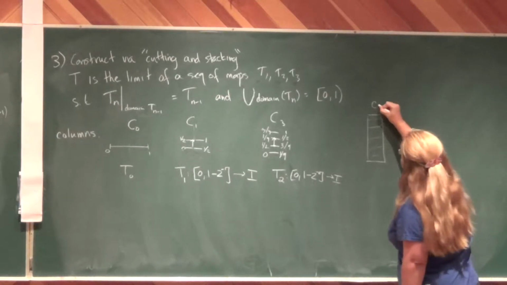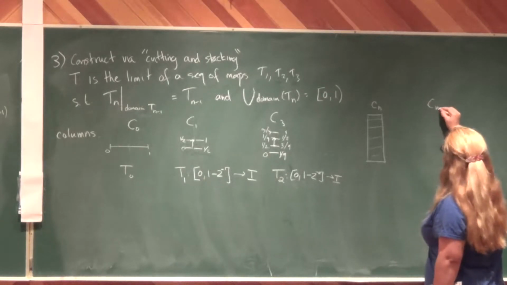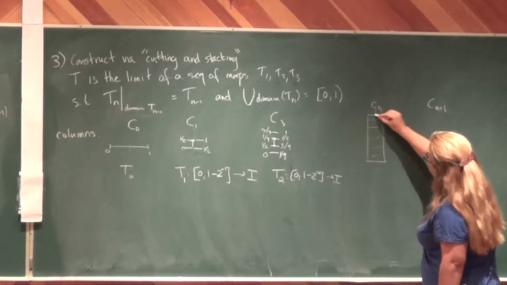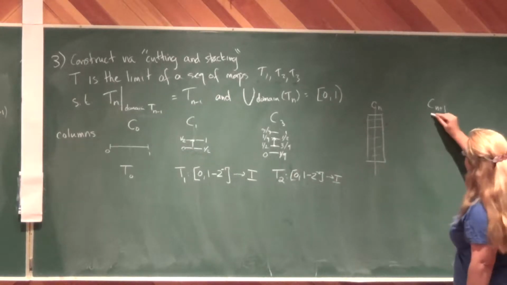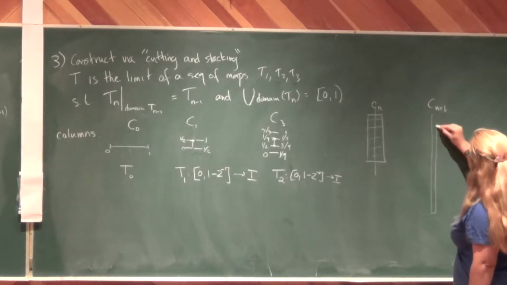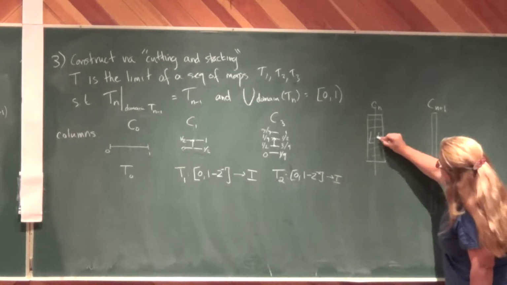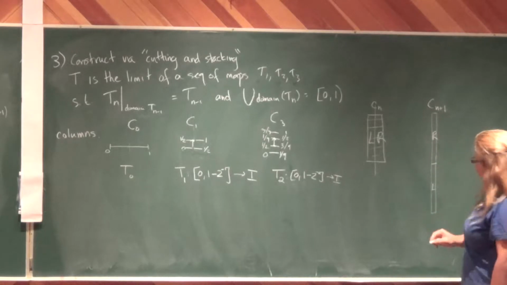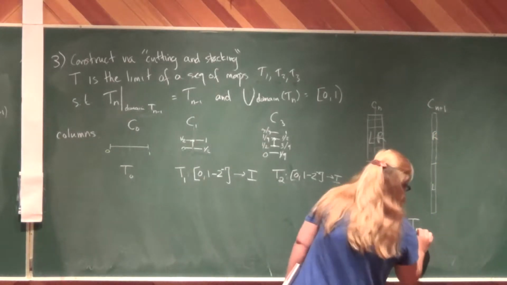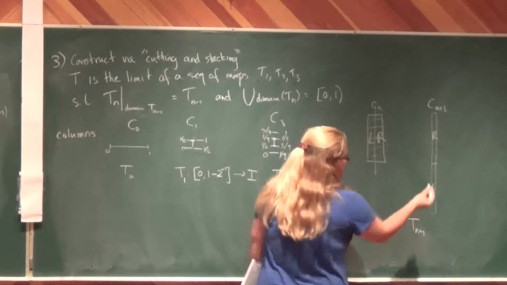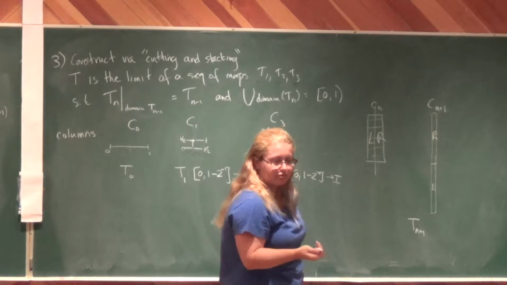And inductively, if we can continue this process, we have some column with a bunch of levels, Cn, and it has a domain. To form the column Cn plus 1, we cut Cn in half. We stack the left half under the right half. So here's this left half, and the right half. And T, this is n plus 1, is defined the same way. Each point just moves to the point directly above it, and is defined everywhere except this top level.